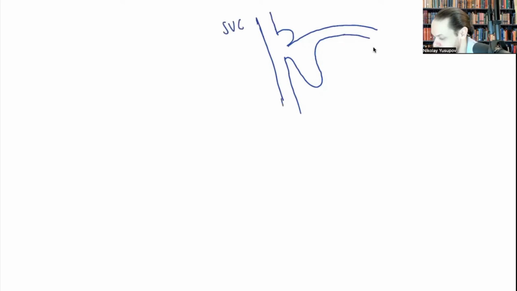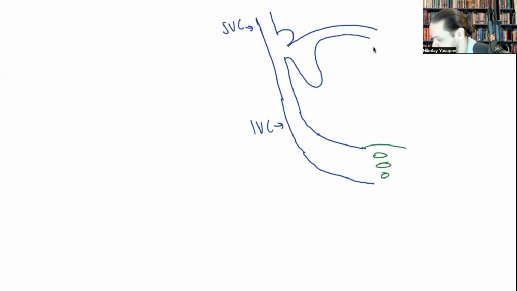This is gonna be your inferior vena cava. Here we're gonna get a capillary network going, and then it's gonna feed into your arterial circulation, right? So you have your arterioles.